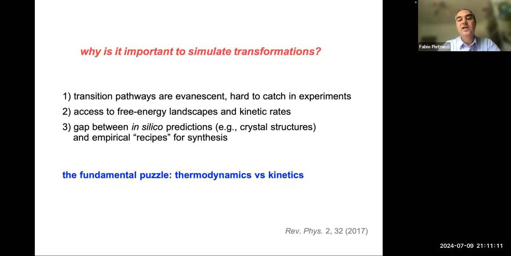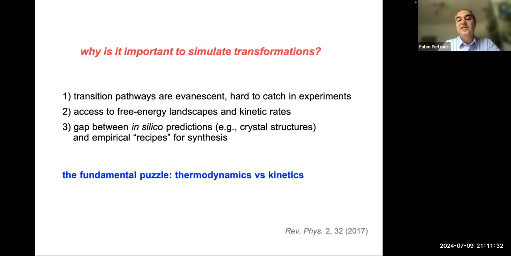The transformations themselves, when we go from A to B and the structure changes, are often fast. So this is something that is hard to catch in experiments. Now, it depends a lot, of course, on the system, but it could be something that takes between picoseconds and nanoseconds or hundreds of nanoseconds.